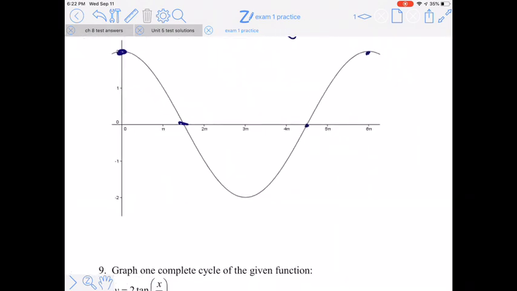Now, the period starts at 0 and ends at 6 pi. So period is equal to 2 pi over b. That's the formula. The period equals 2 pi over b. And since I already know period, I've got to figure out what b equals.